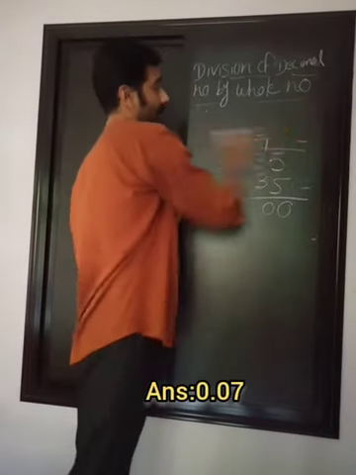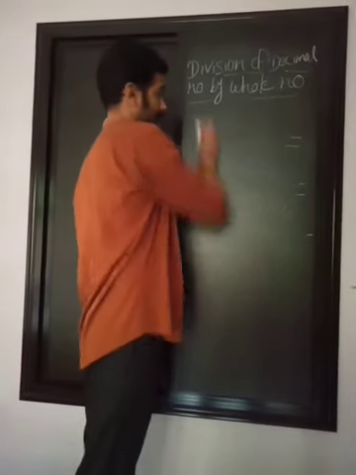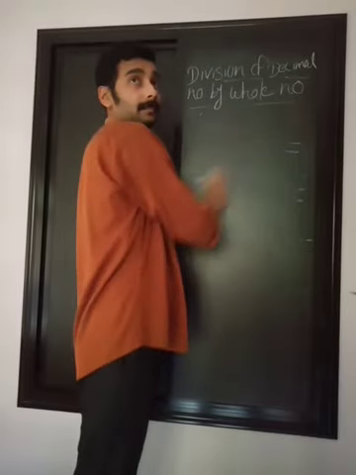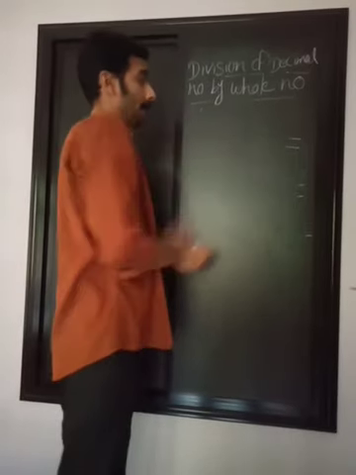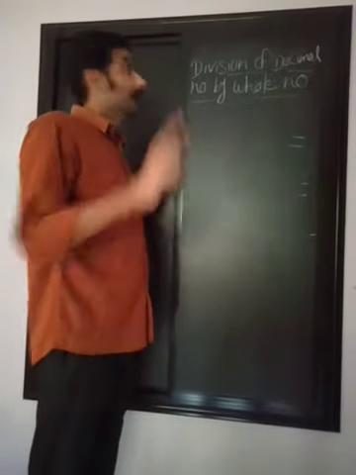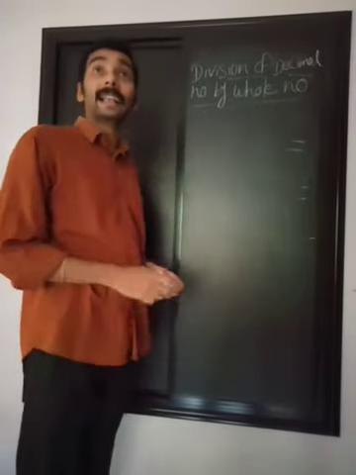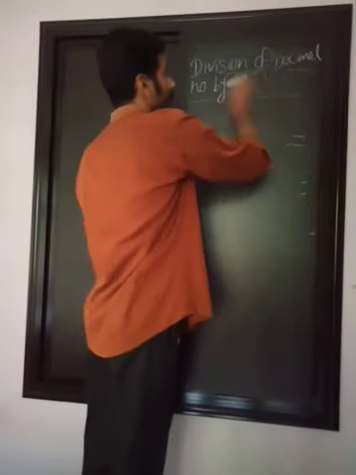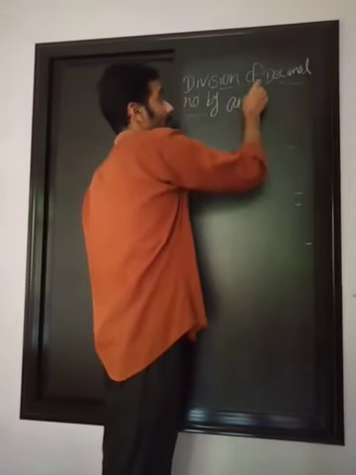Then another one is division of decimal number by another number.